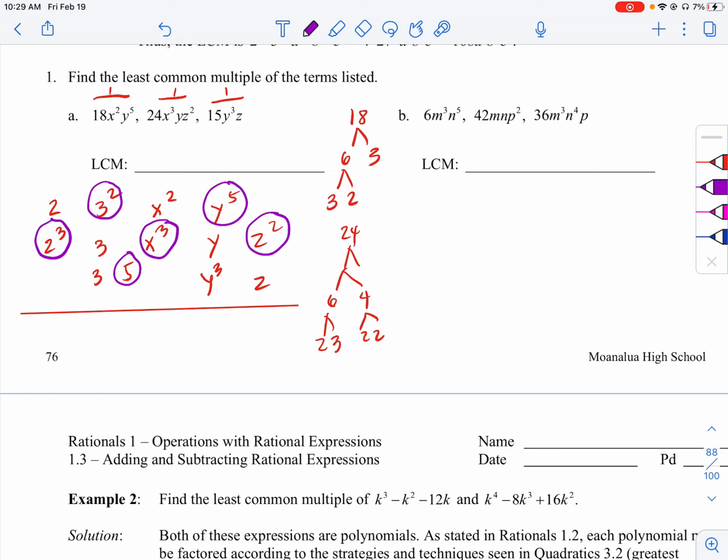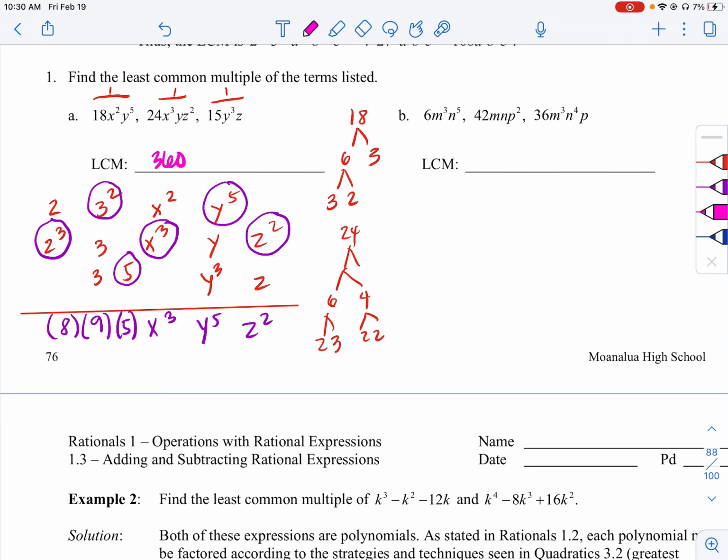All we have to do now is combine them. I have 2 cubed, which is really 8. 3 squared is 9. And then I have a 5. I have an x cubed, a y to the power of 5, and a z squared. So we have to multiply 8 times 9 times 5. 8 times 5 is 40, and 40 times 9 is 360.